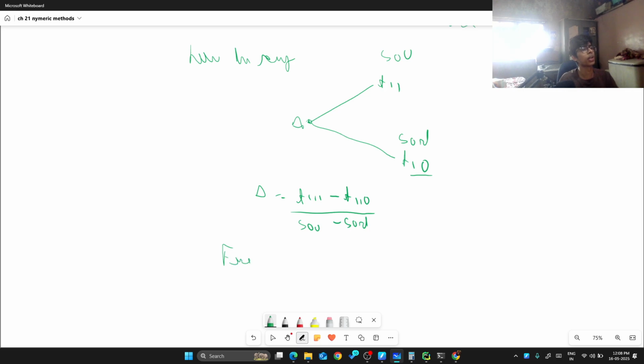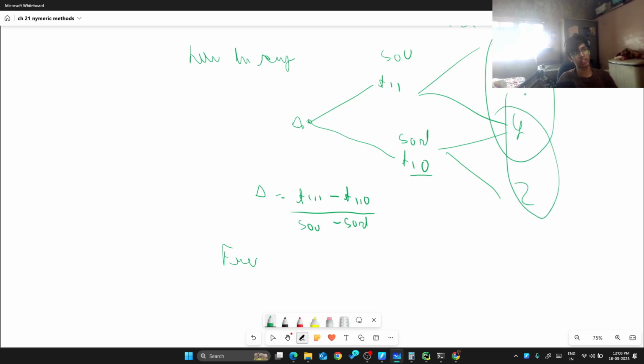To find the gamma, let's say we have more observations. So we have x, y, z. We have to find the difference between x, y and y, z, and then we find the gamma, right? The rate of change of delta with respect to stock price.